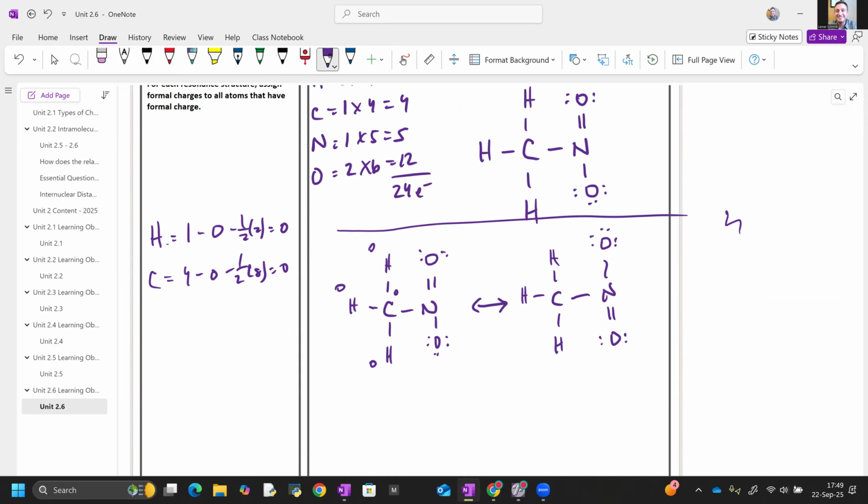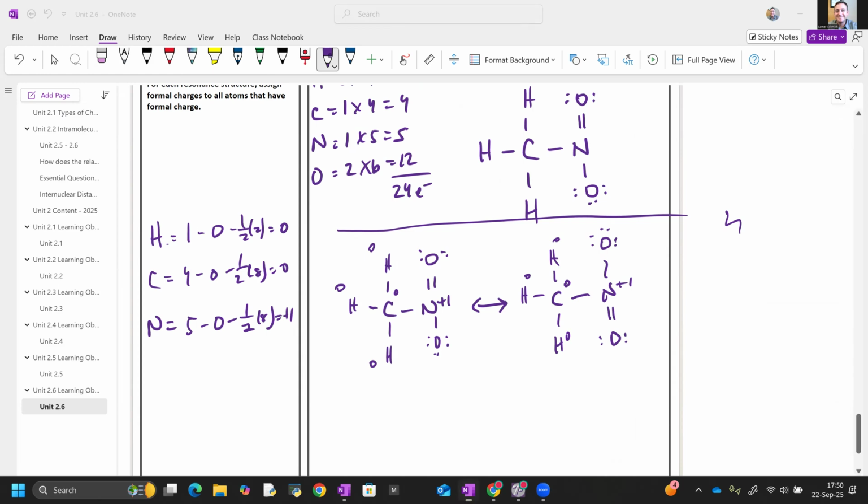And then we have nitrogen, which is equal to 5 minus 0 minus 1/2 of 8, which is equal to plus 1. So this is plus 1. That's going to be the same thing there. 0, 0, 0, 0.